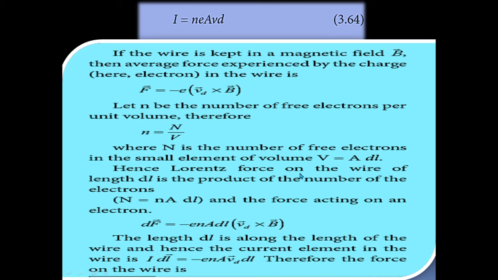Hence, the Lorentz force on the wire of length dl is the product of the number of electrons and the force on one electron.